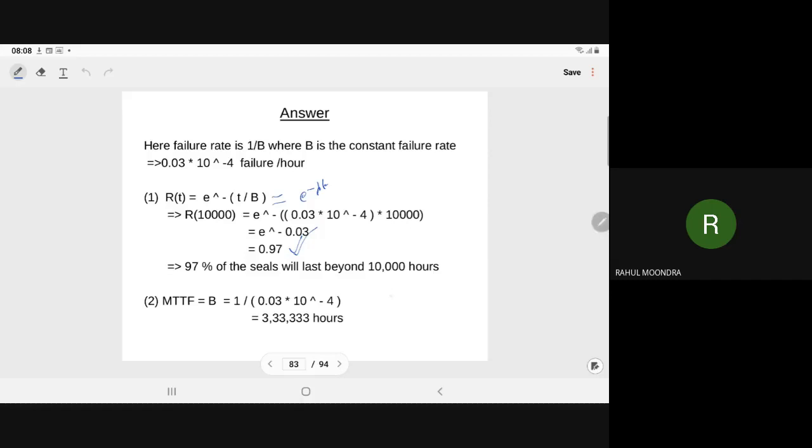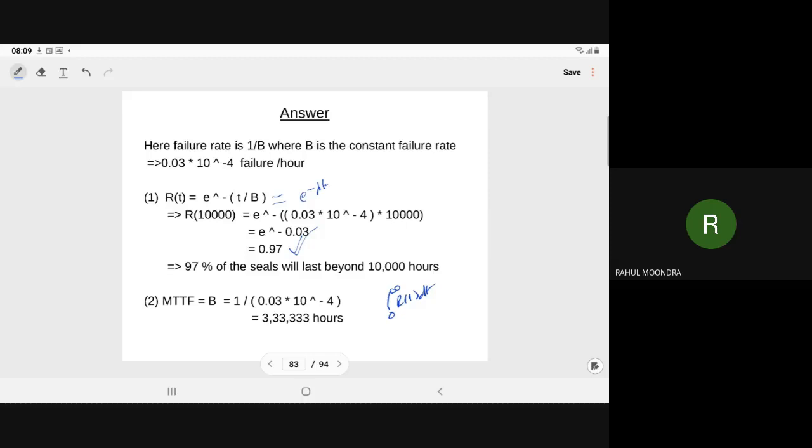Either you can compute it as the integral from 0 to infinity of R(t) dt, or for the exponentially distributed failure time it is 1 upon lambda, which is 1 upon 0.03 into 10 to power minus 4, approximately 33,333 hours.